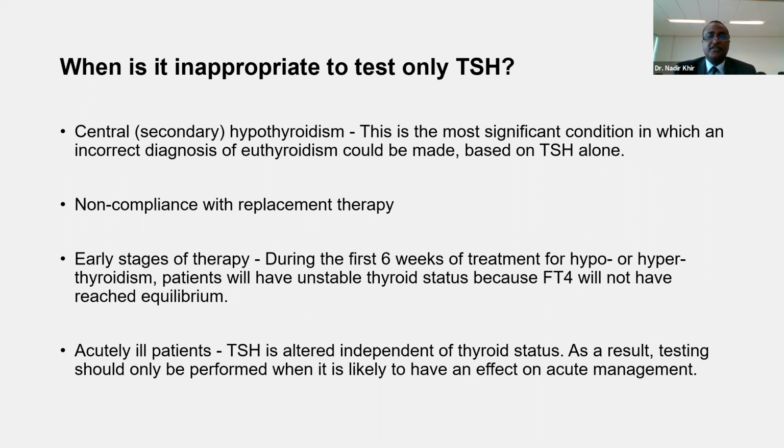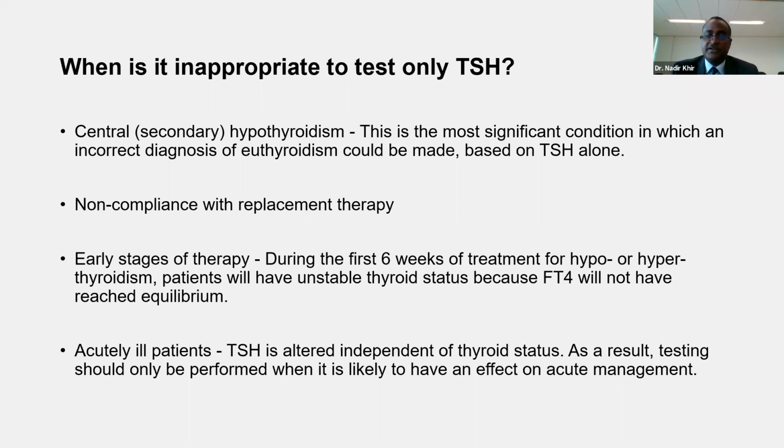And the other one is non-compliance with the replacement therapy. So a patient is not taking her medication, levothyroxine for example, and she will come and start taking the levothyroxine just a few days before seeing you. Levothyroxine is T4 basically. And this is actually a very common mistake, that people think the medication for hypothyroidism is to stimulate and help the thyroid, but it's not.